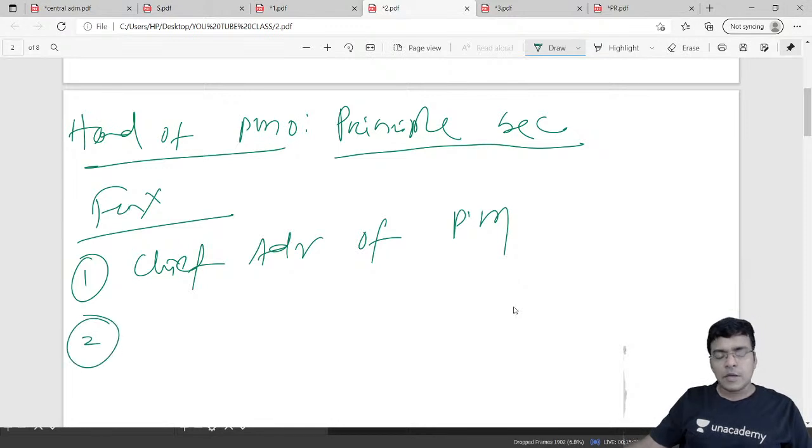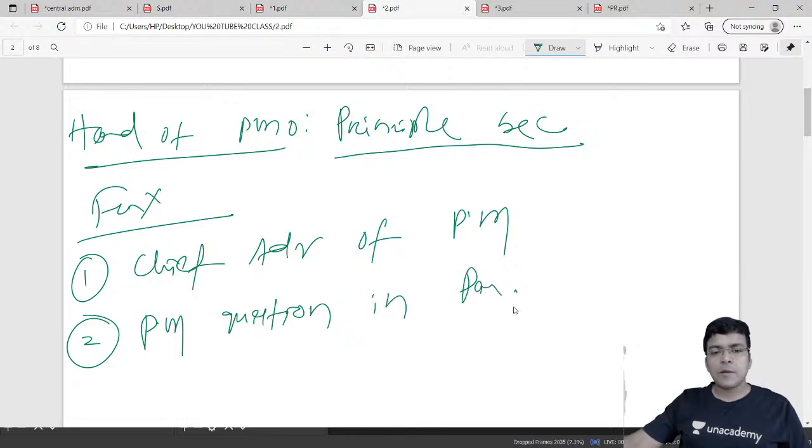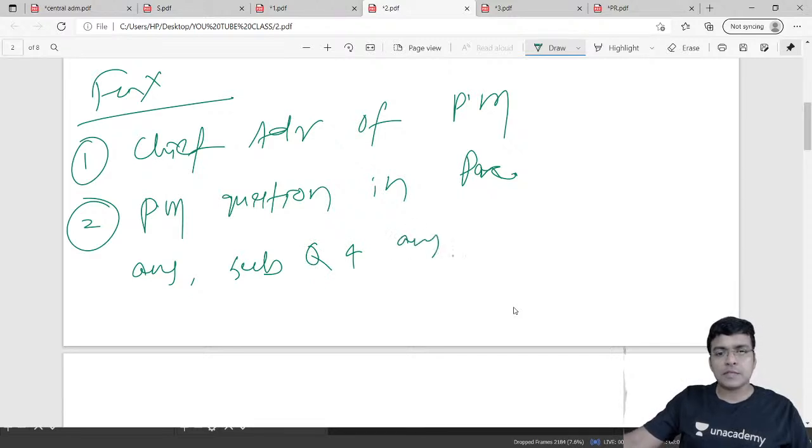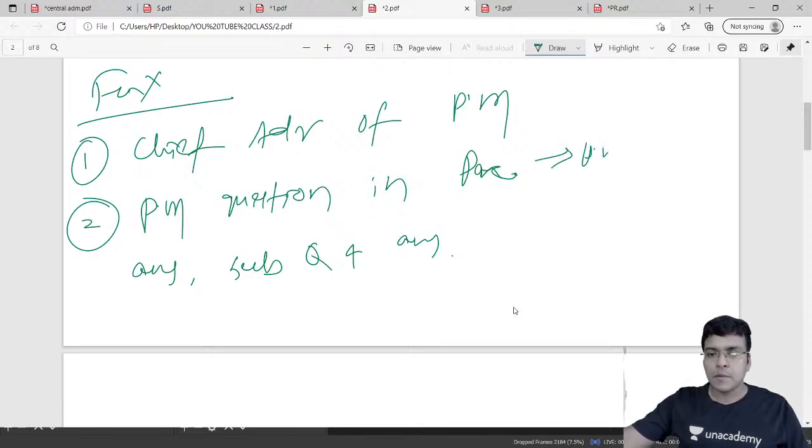PC Alexander said he mainly deals with the PM's questions in Parliament. For example, the PM faces many questions in Parliament, and the answers to those questions and subsequent questions are dealt with by the principal secretary. It is his primary work. All questions in Parliament to the PM are dealt with by the principal secretary.